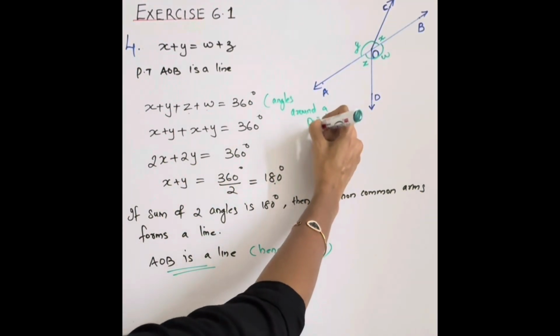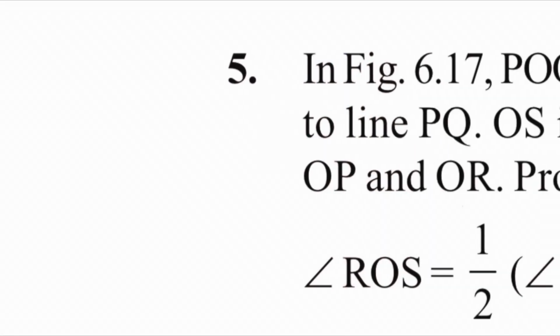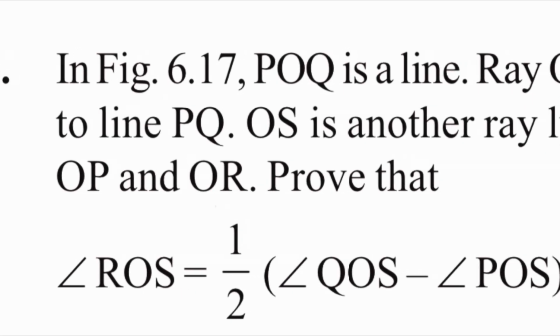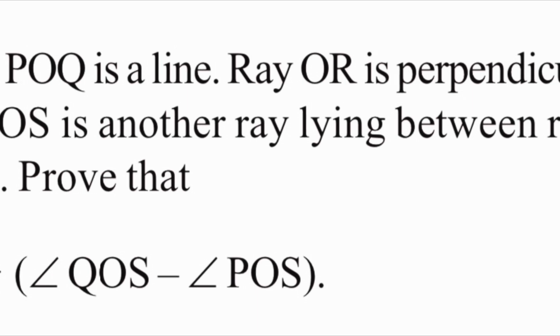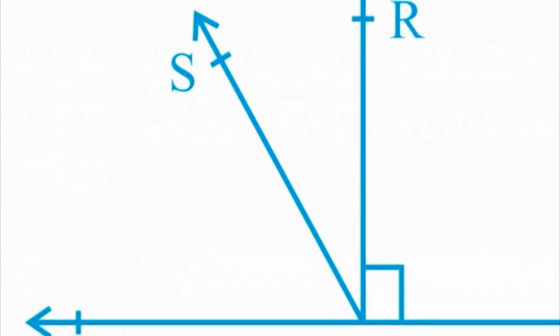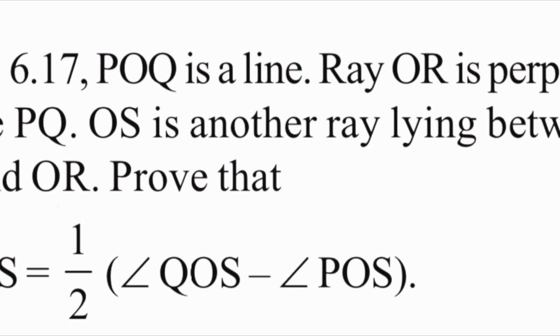Let's read the question first. In figure 6.17, POQ is a line. Ray OR is perpendicular to line PQ. OS is another ray lying between rays OP and OR. Prove that angle ROS is equal to half of angle QOS minus angle POS.